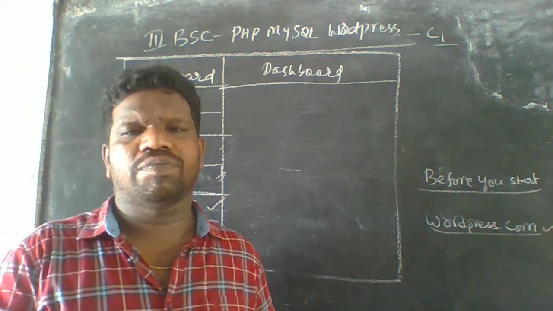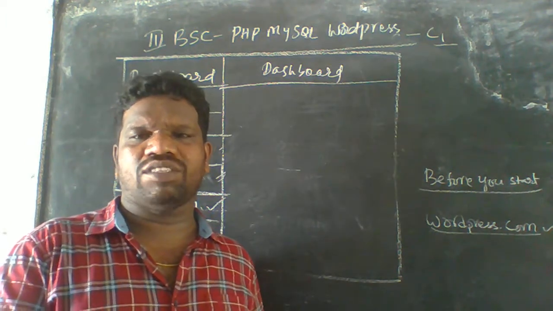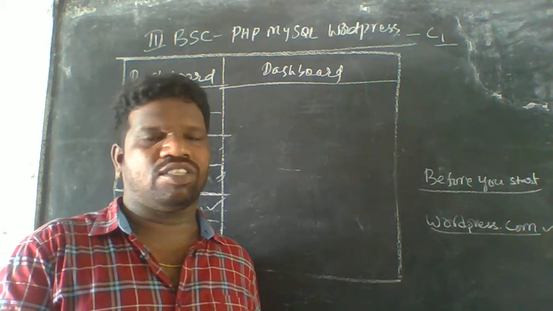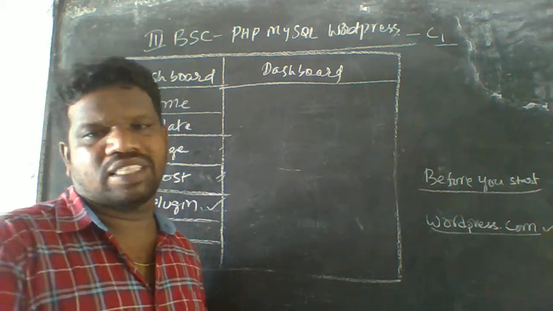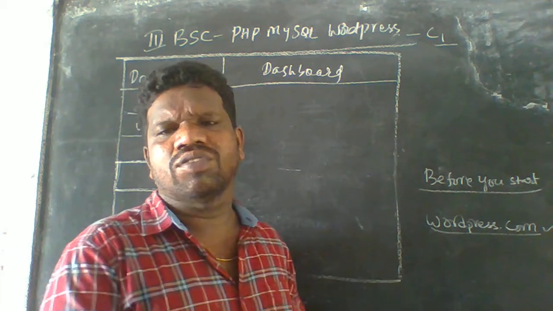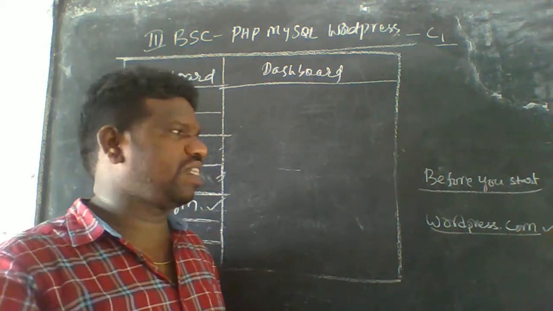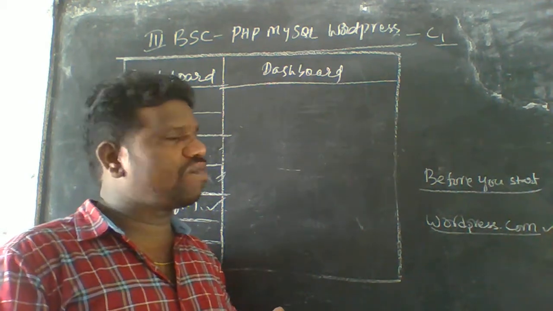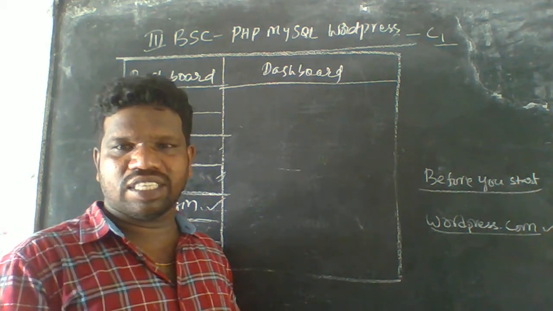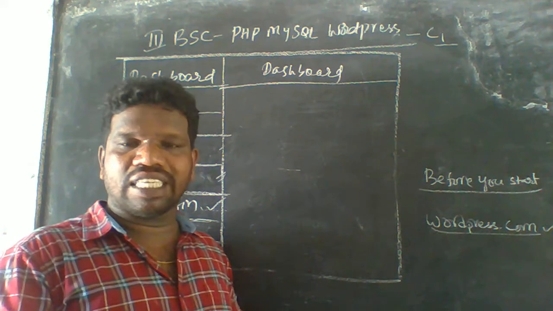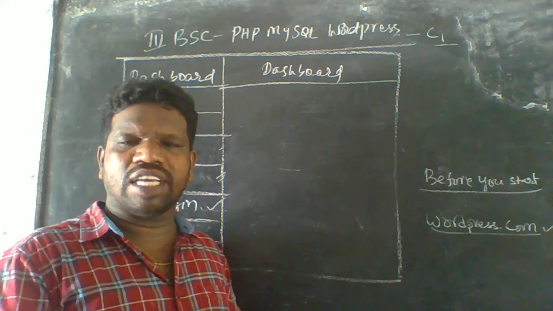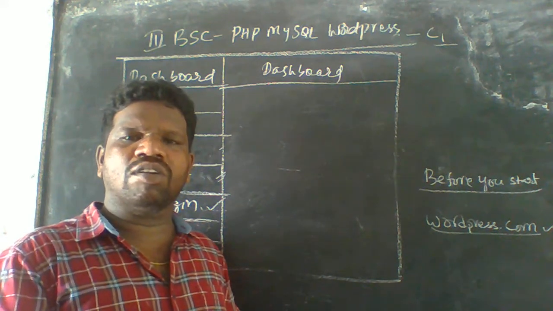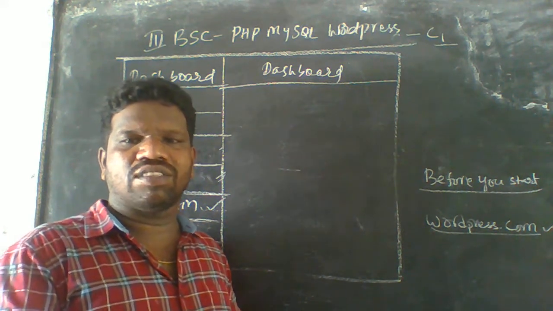Okay, so we often get complaints from users saying that they cannot see the plugins menu in their WordPress dashboard. It is because you are using WordPress.com, which has its limitations.